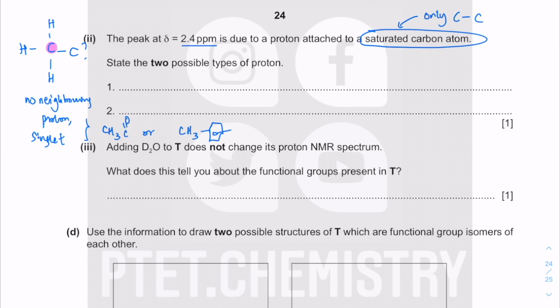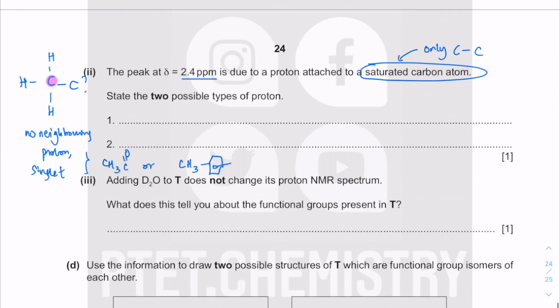Let me check the data booklet. An alkyl, a CH3 next to a carbonyl, is around 2.2 to 3.0 ppm, as stated in the data booklet. And then I will have CH3 next to an aromatic ring. So this is not an aromatic proton, this is an alkyl next to an aromatic ring. Again, it is 2.3 to 3.0 ppm, and that is consistent with this because there are 2 possible types of protons.